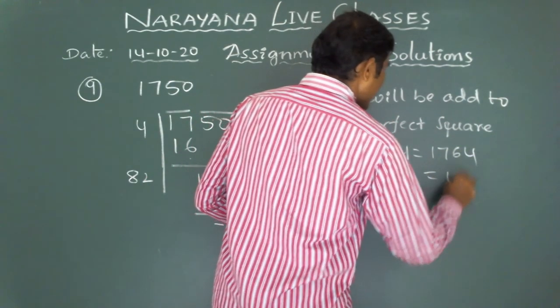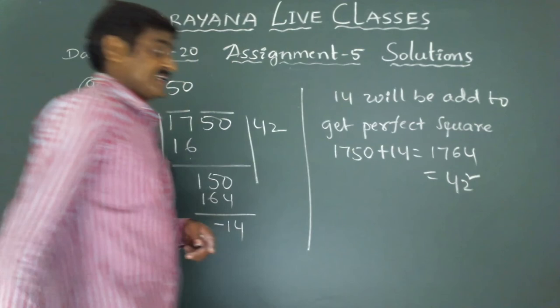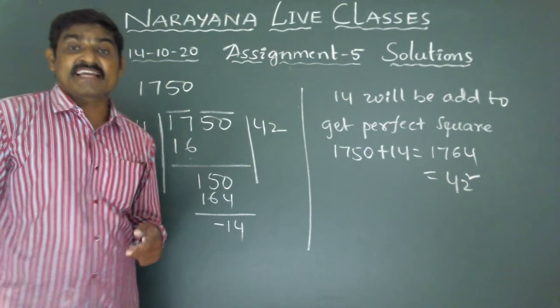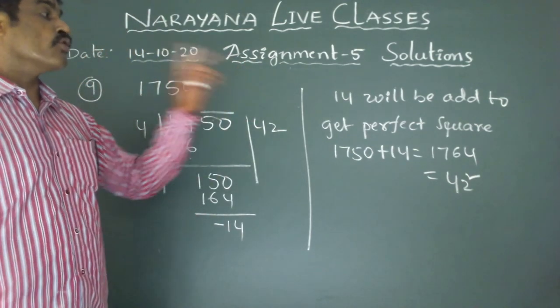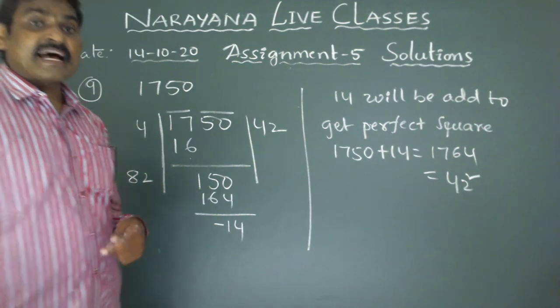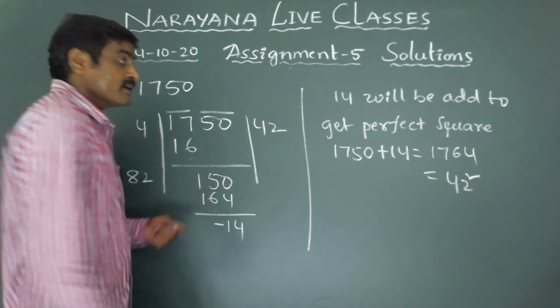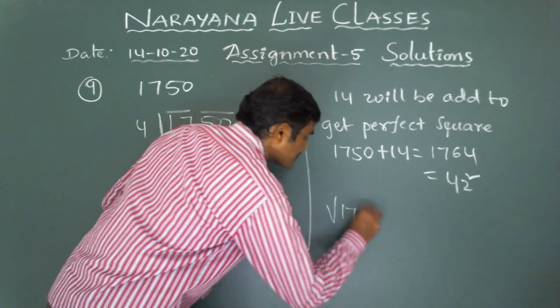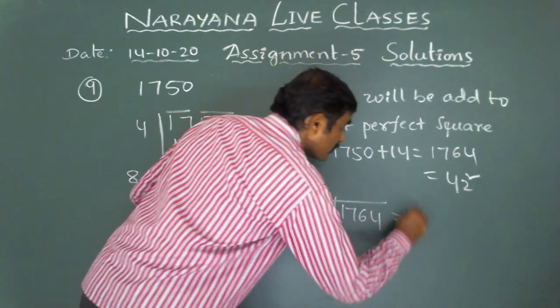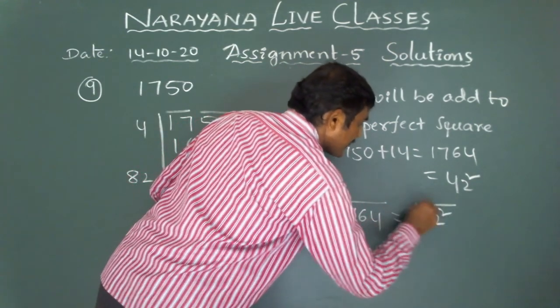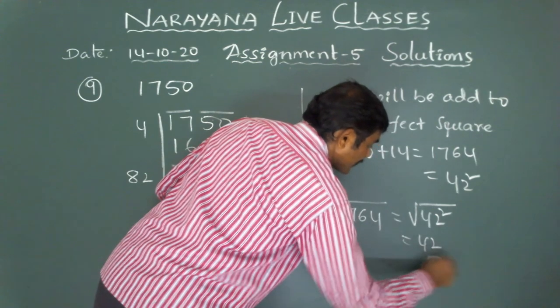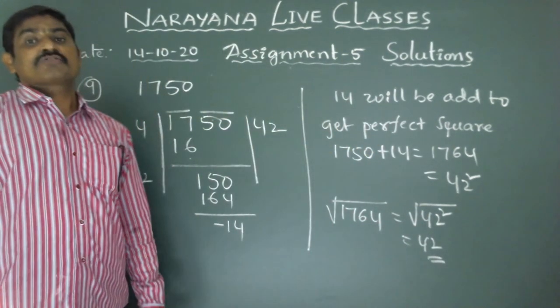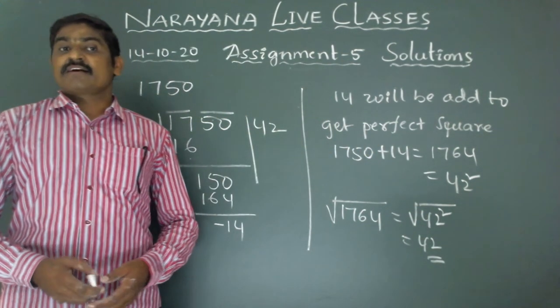This can be written as 42 square. Yes, 1764 is the nearest perfect square. By adding the 14, you will get it. And they are asking to find the square root of the number. The square root of 1764 is equal to the square root of 42 square, that is equal to 42. Okay, children. So these are the assignment 5 solutions. Thank you very much.